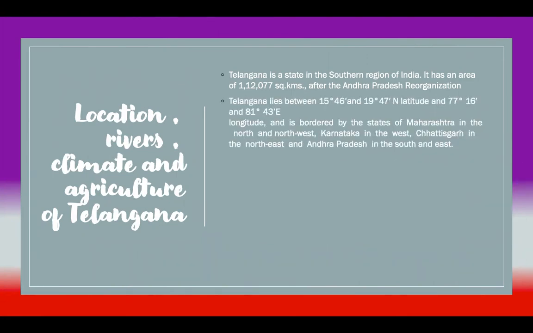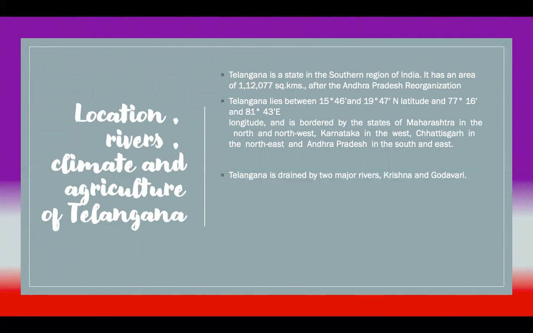Telangana lies between 15°46' and 19°47' N latitude and 77°16' and 81°43' E longitude, and it is bordered by the states of Maharashtra in the north and northwest, Karnataka in the west, Chhattisgarh in the northeast, and Andhra Pradesh in the southeast.